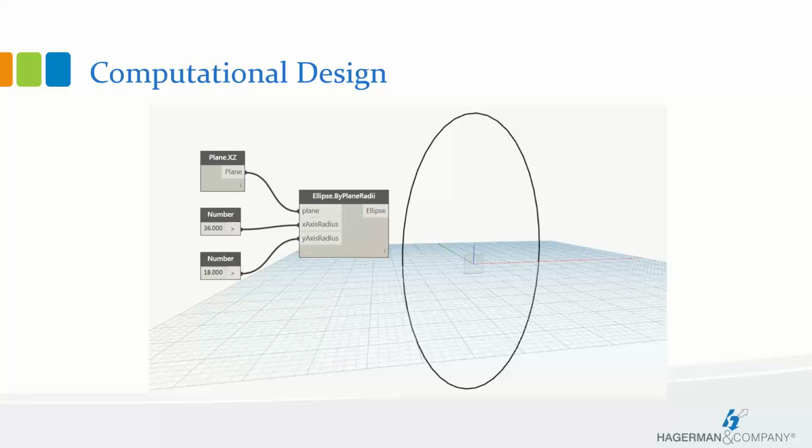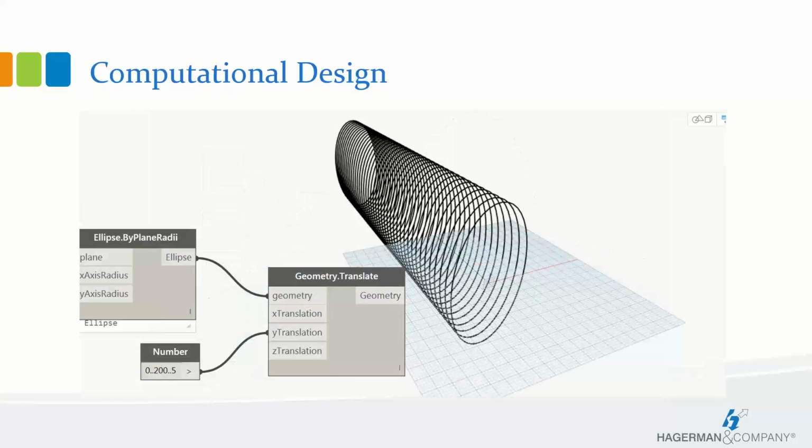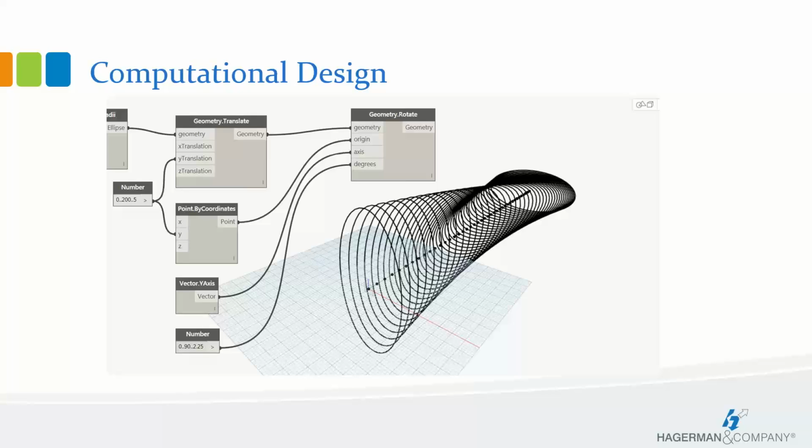So I started off by making a simple ellipse, made some copies of the ellipse at a set increment, so this is where it gets interesting from a Dynamo perspective. What I really wanted to do was rotate that last ellipse at a 90, then have the intermediate ellipses rotate at an even increment.